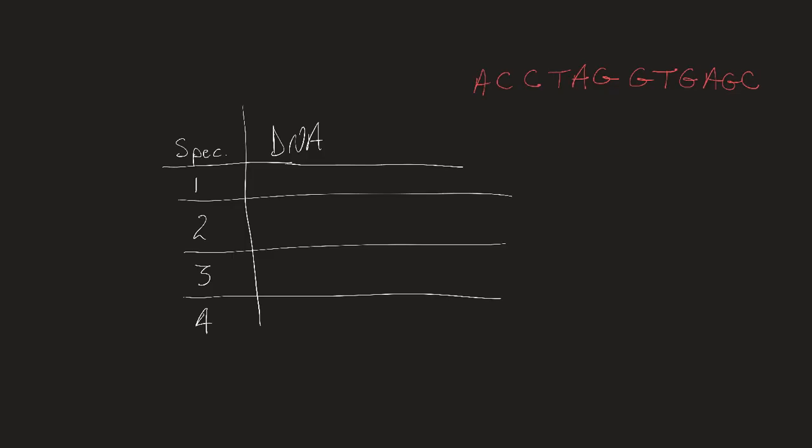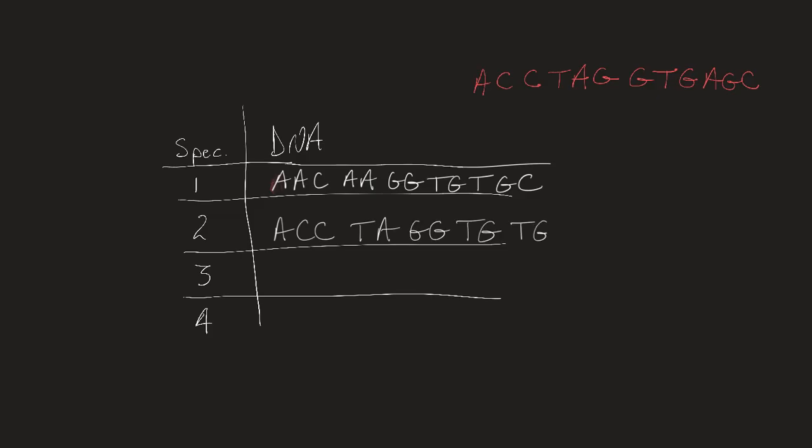So let's look at these guys. Read me the sequence for 1. A C A G G T G T G C. All right, give me the next one. A C C T A G G T G T G C. All right, next.